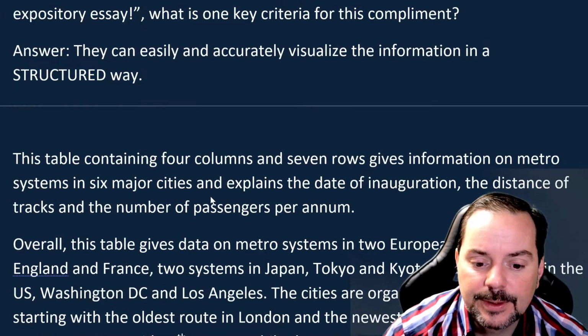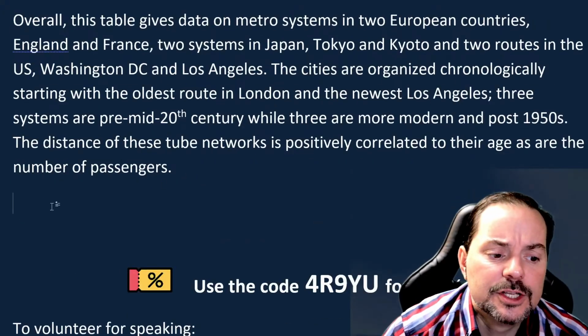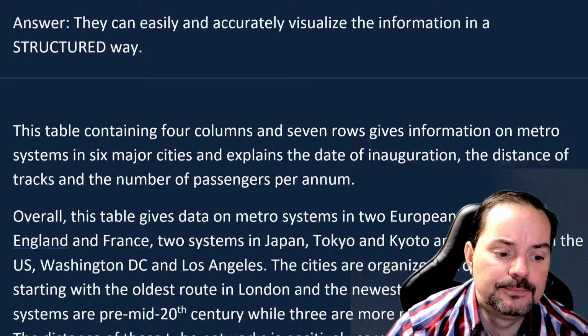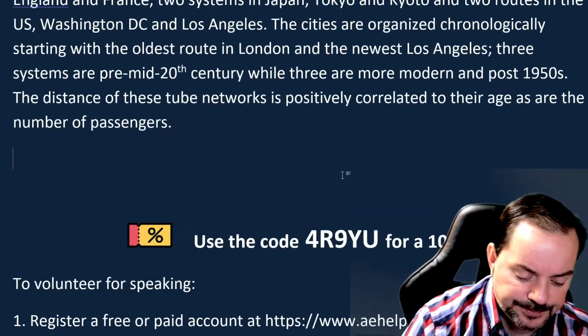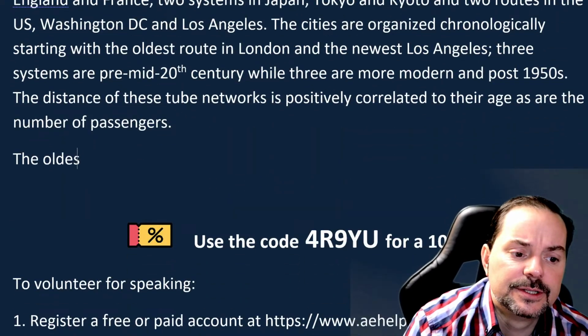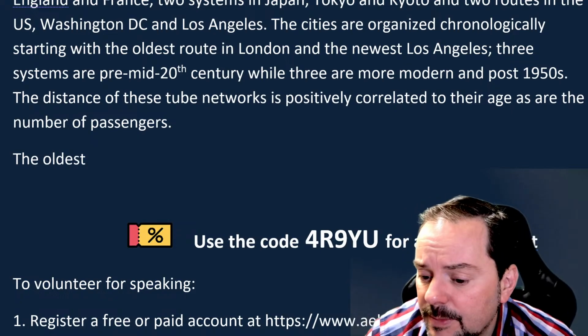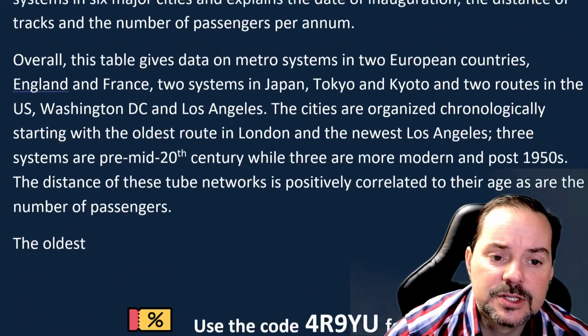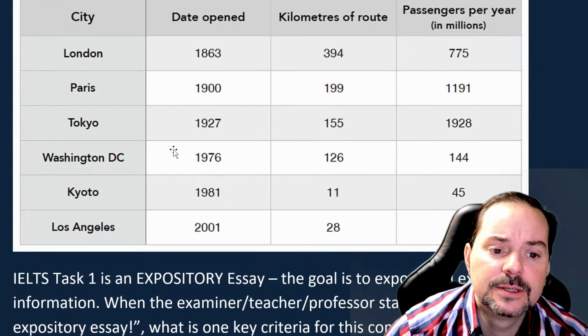All right. Okay, so let me do this. The oldest. So I'm just writing here, and you can write with me. Okay, everybody. So you can write the analysis with me. The oldest metro line.